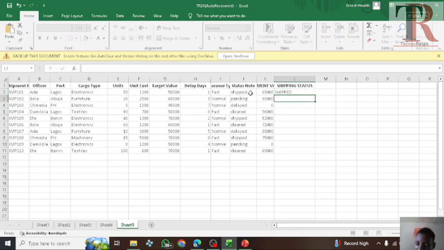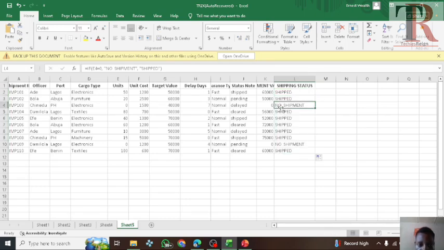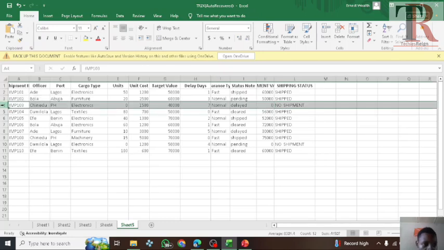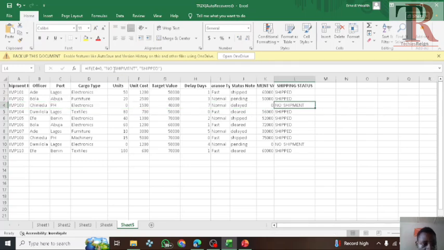So here we have shipped because this is equal to 50. 50 is not equal to 0. So once we fill all the other spaces, here we have no shipment because unit is equal to 0. Remember, once unit is equal to 0, which is E4, which is here, E4, display no shipment.